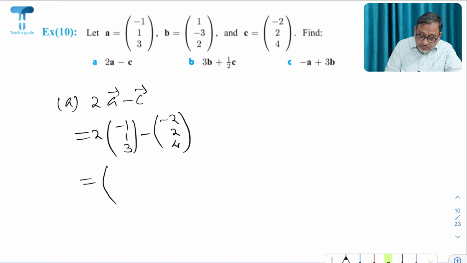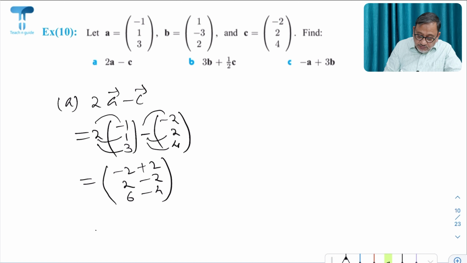This will be 2 times (-1 minus 2) and (minus minus plus 2). Then 2 times 1 is 2 and minus 2. And 2 times 3 is 6 and minus 4. So this will be 2 minus 2, 0; 2 minus 2, 0; 6 minus 4, 2. So this is the answer of this vector.